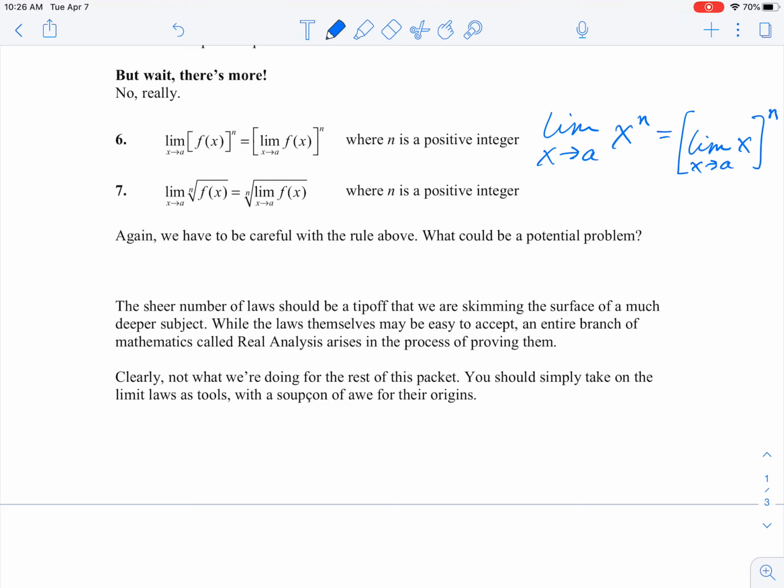We have to be careful with the rule above. What could be a potential problem? Think about what roots do.